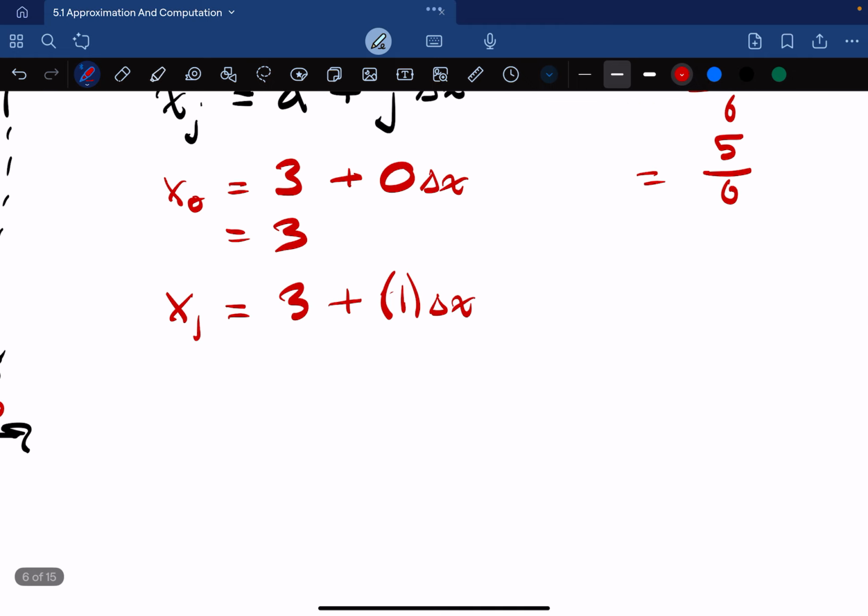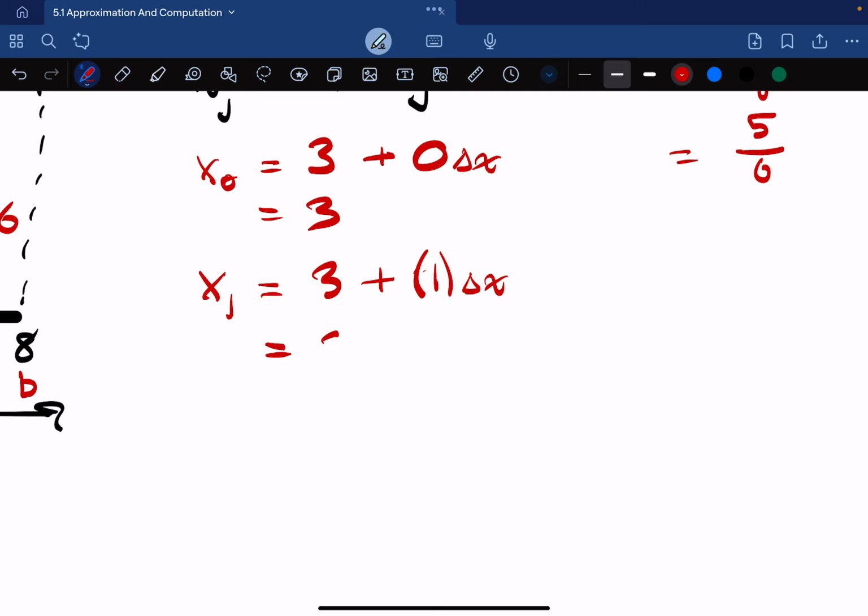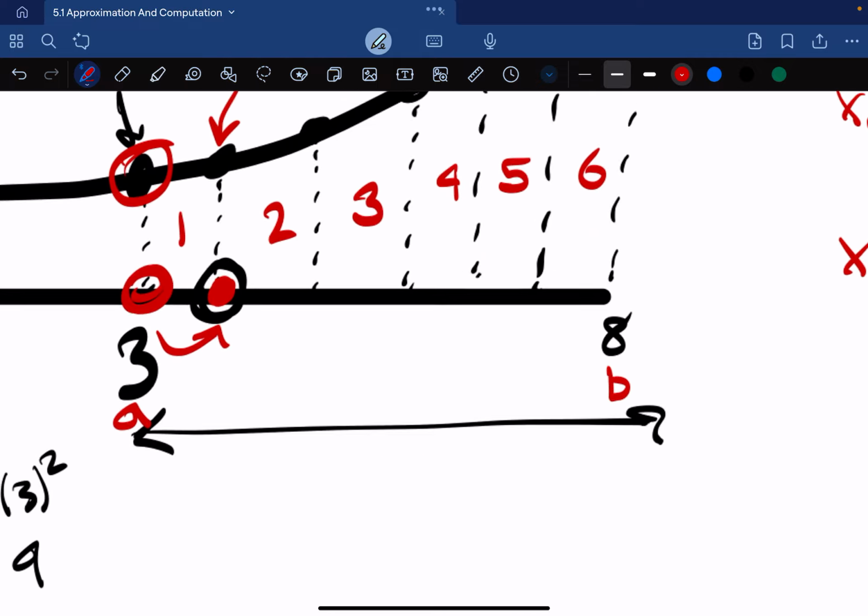Now that we know what our delta x is, we can find x of 1. So 3 plus 5 over 6 times 1, so just 5 over 6. And then this turns into 18 over 6 plus 5 over 6, otherwise 23 over 6.